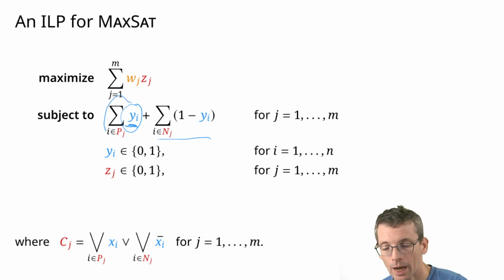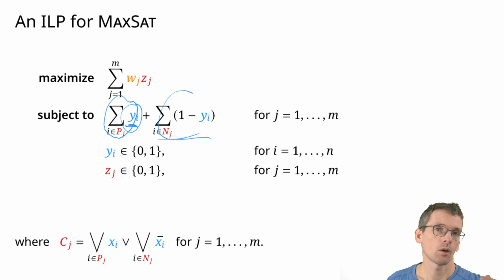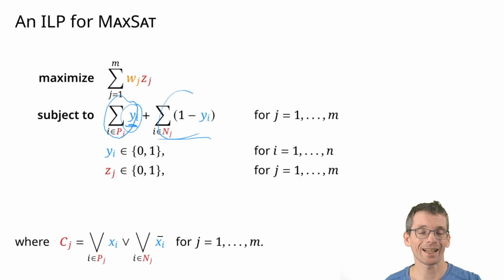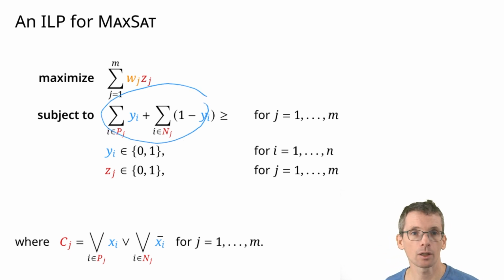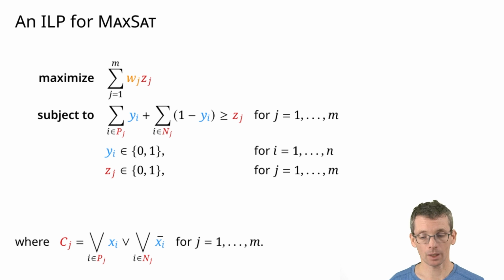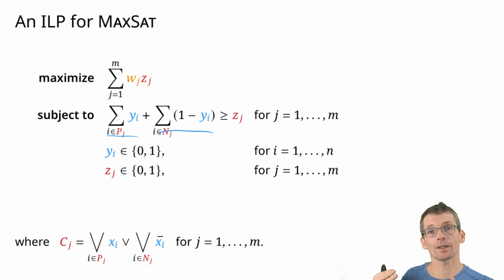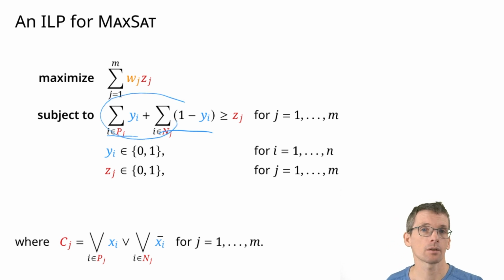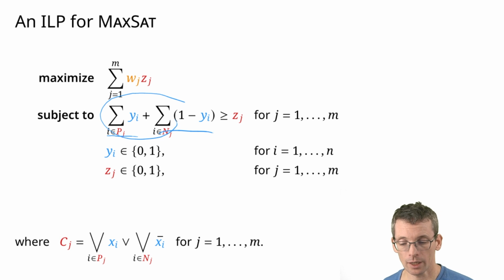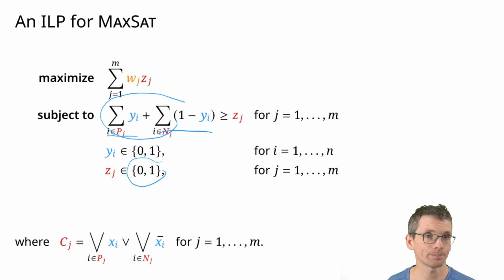So if either of these conditions holds, then I'm allowed to set zj to 1, and I can express this by saying that this sum is larger or equal to zj, because what's now happening is if none of these satisfy the clause, then they are all 0, then I have to set zj to 0. If at least one satisfies it, then the sum is 1 or larger, and then because of our maximization, I will set zj to 1, and I can also not set it to more, because zj is constrained to be either 0 or 1. Yeah, so those are my constraints.